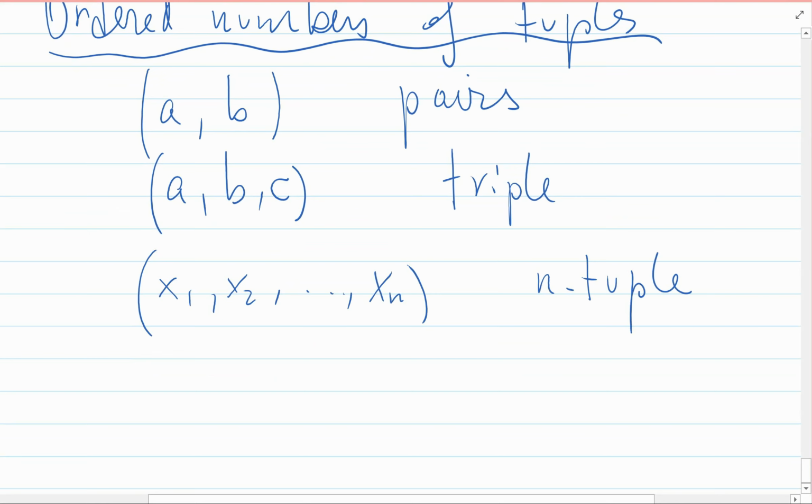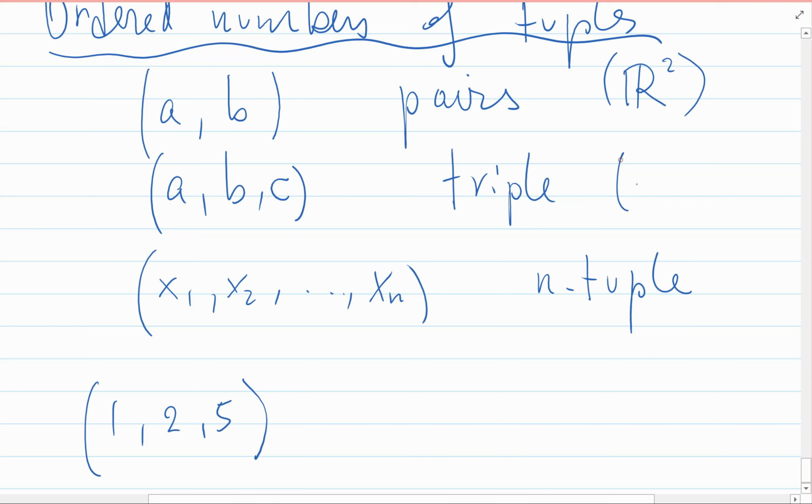So you have the first unknown, second unknown, and so on. If I say, for example, 1, 2, 5, I mean the first unknown, I'm going to give it the value 1, the second unknown the value 2, and the third unknown the number 5. These numbers belong to the set we call R2, R3, and Rn, of course if my numbers are real.